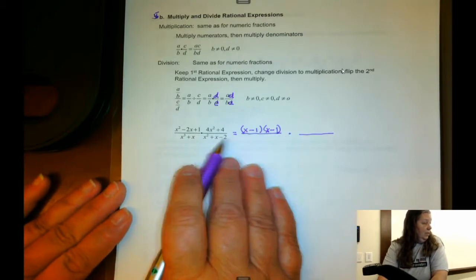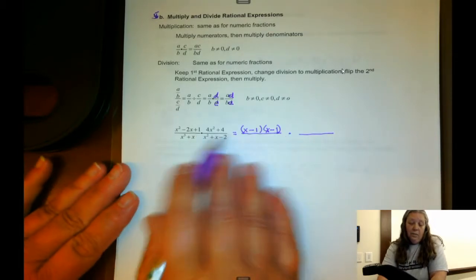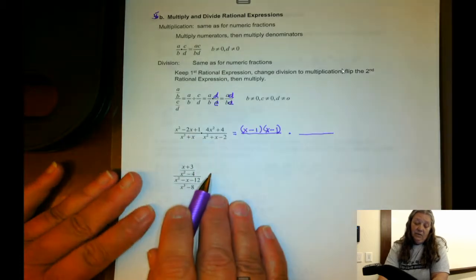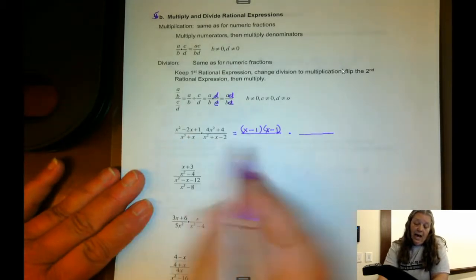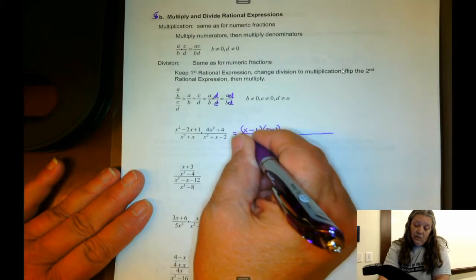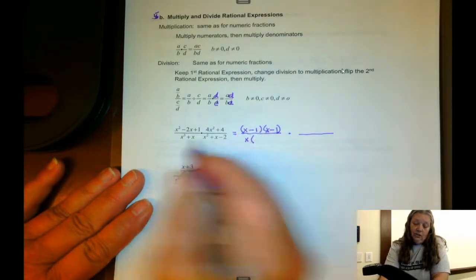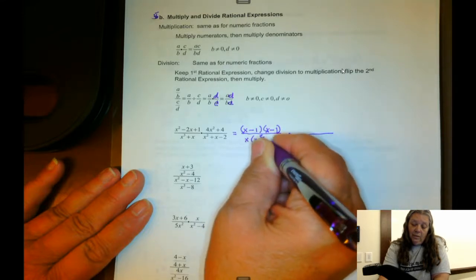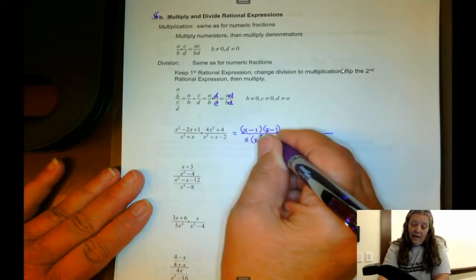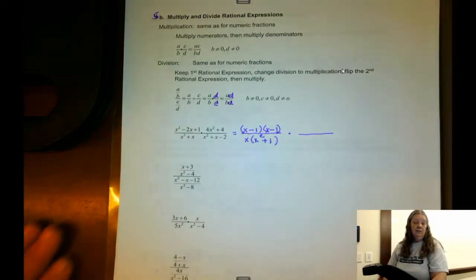And then negative 1 plus negative 1 gives us the negative 2. In the denominator, we have a common factor of x. X cubed divided by x is x squared, plus x divided by x leaves us with a 1.